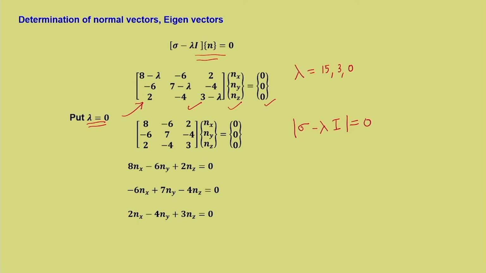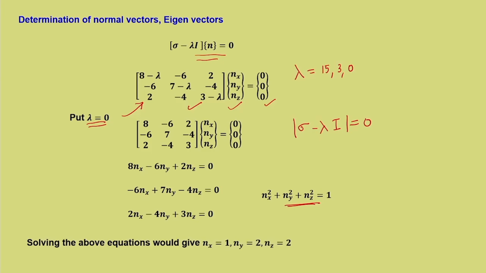Hence, these equations may not be independent, so we have to use the additional equation nx square plus ny square plus nz square equal to 1, which we already know. Using these equations, we can solve for nx, ny, nz by putting lambda equal to 0. This will give nx equal to 1, ny equal to 2, nz equal to 2.